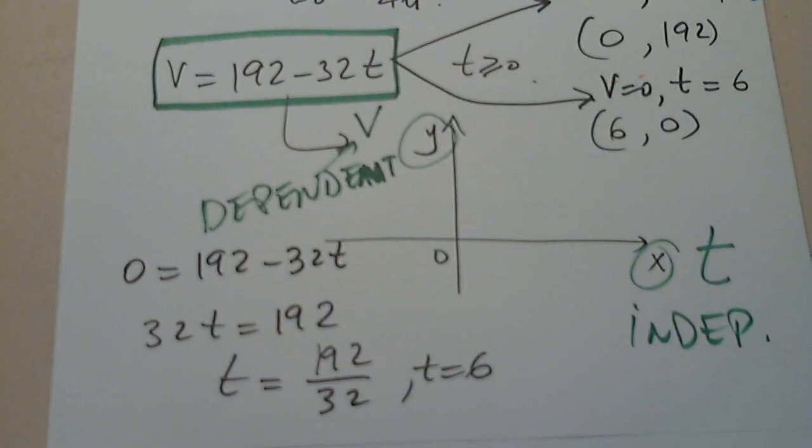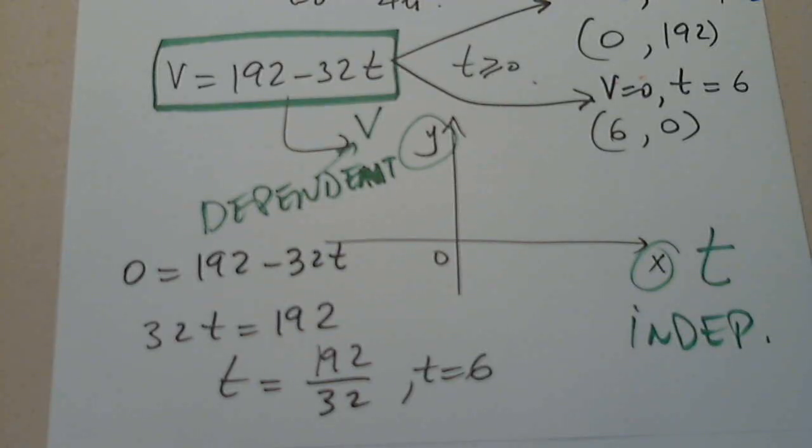So the t-intercept is 6, 0. And we check the answer. Good. And then the v-intercept, you already gave it to me. 0, don't forget to put the ordered pair. 0, 192. And check.